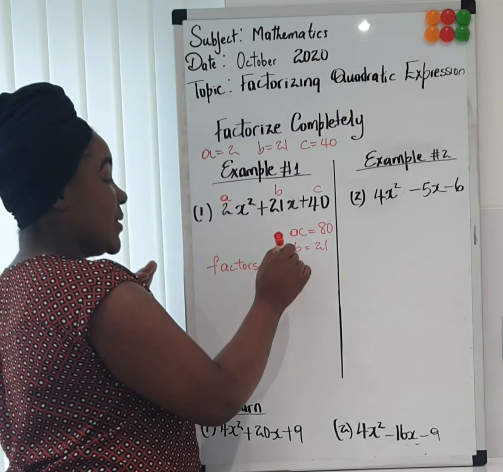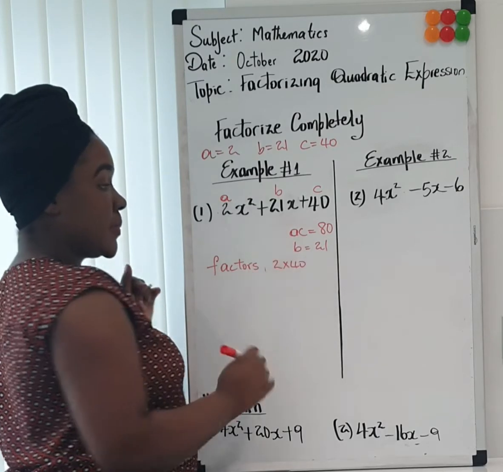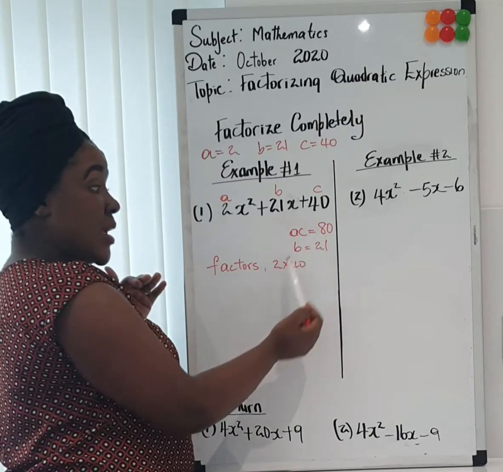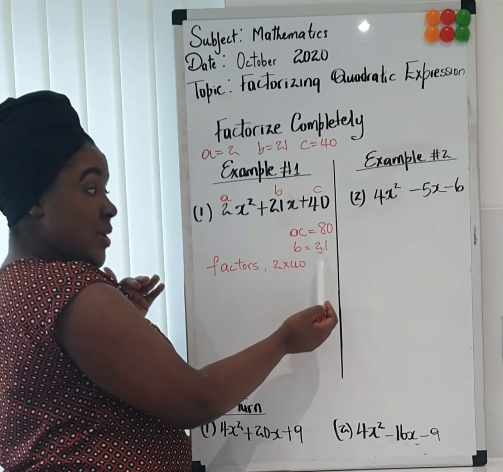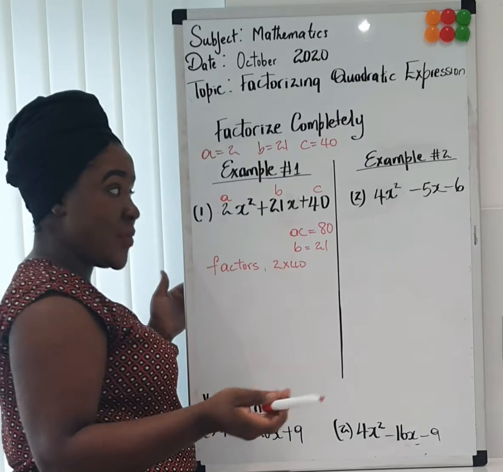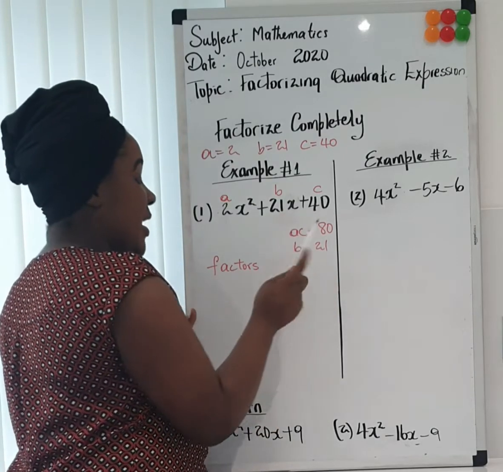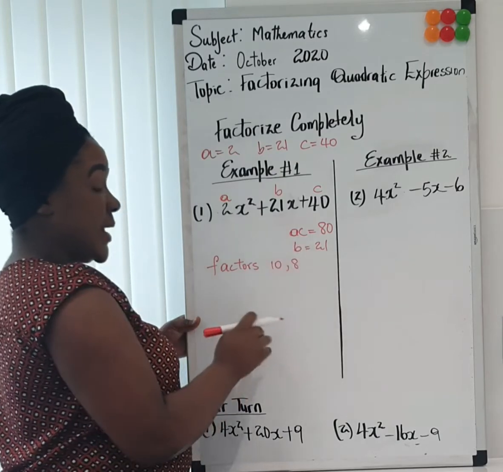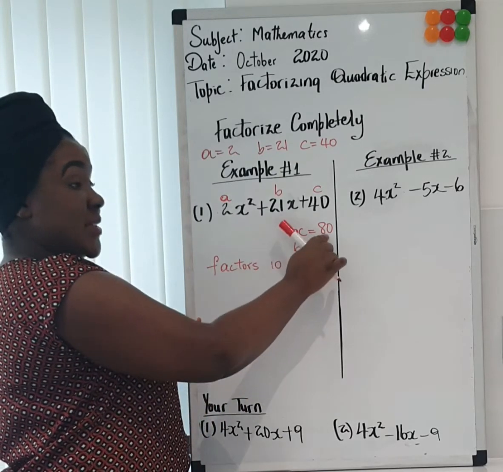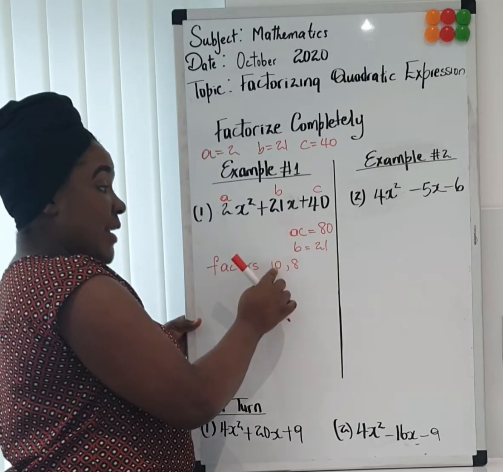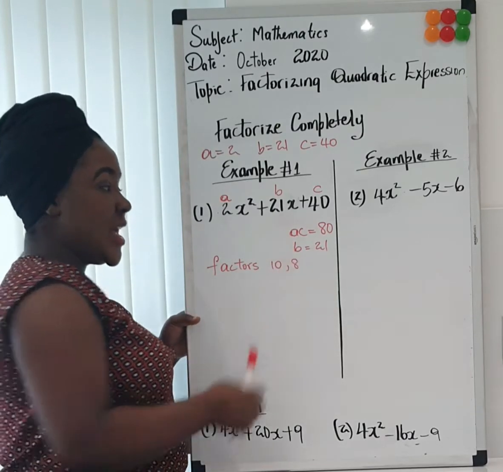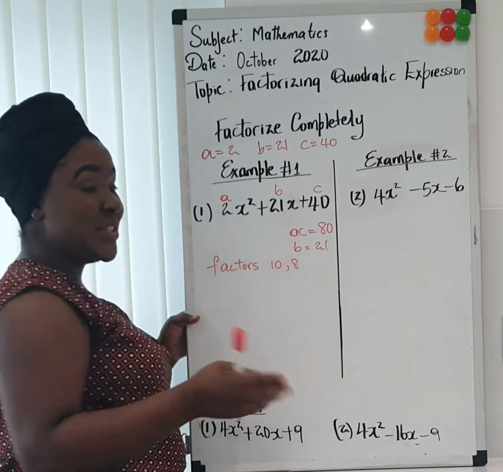You can start by thinking about 2 times 40. 2 times 40 definitely gives you 80, but when you add 2 and 40, you don't get 21, and when you take 2 from 40, you don't get 21. So it's not 2 and 40. Let's think about 10 and 8. When you multiply 10 times 8, you get 80, but when you add 10 and 8, you do not get 21, and if you take 8 from 10, you still don't get 21.